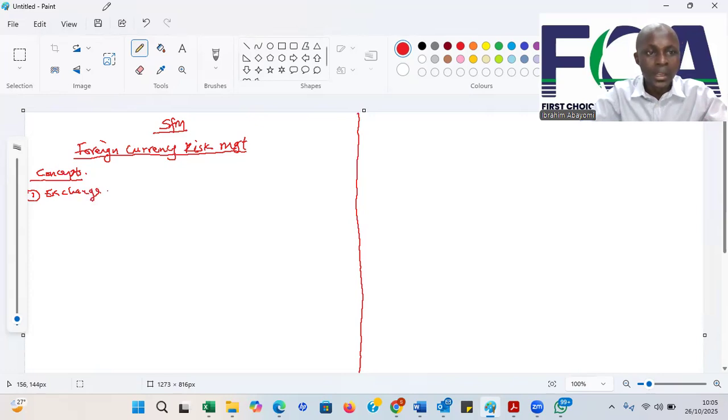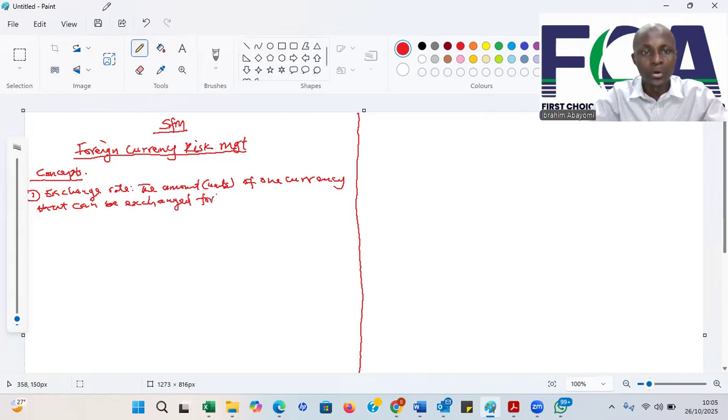I don't want to waste time. Exchange rate simply means the amount, or we call it units, of one currency that can be exchanged for a unit of another currency.